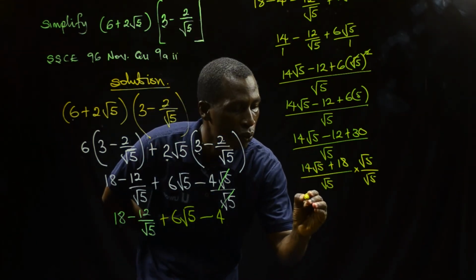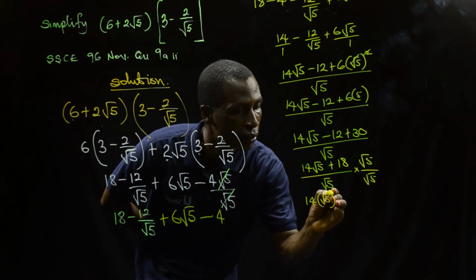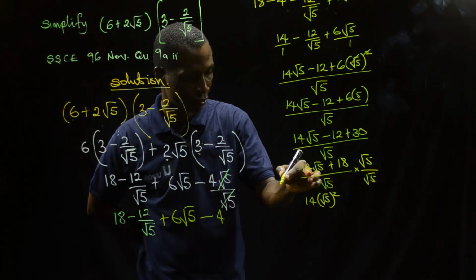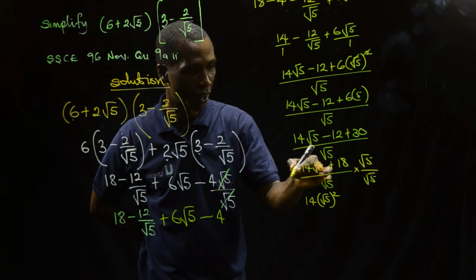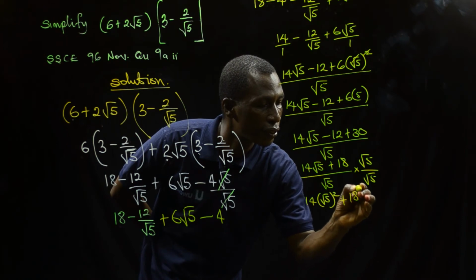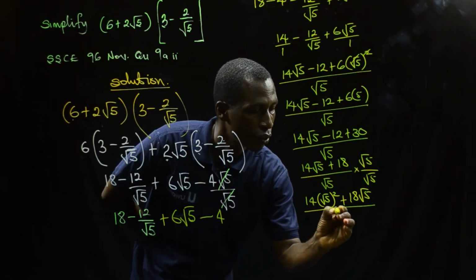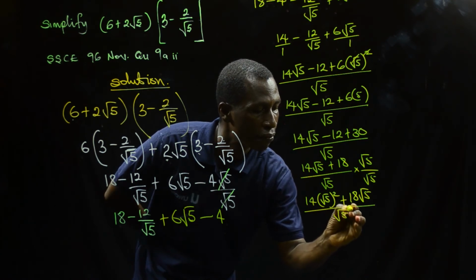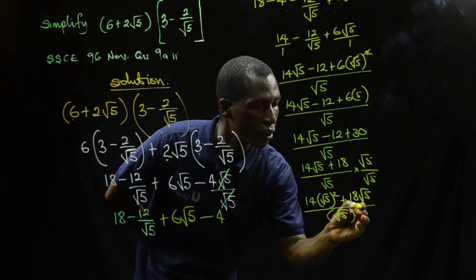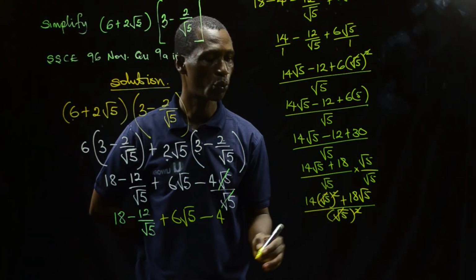So I'll have 14 root 5 squared, that means it is multiplying this. So root 5 times root 5 will give me root 5 squared, plus 18 root 5, all over root 5 squared. Now the power blew the root sign away.